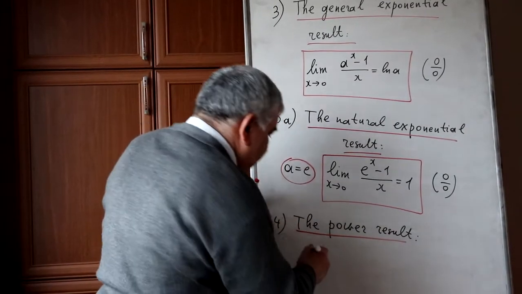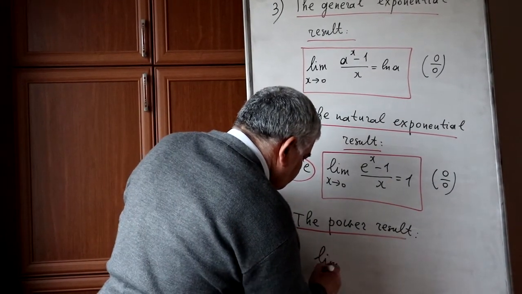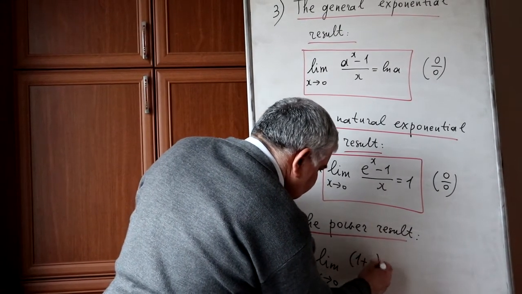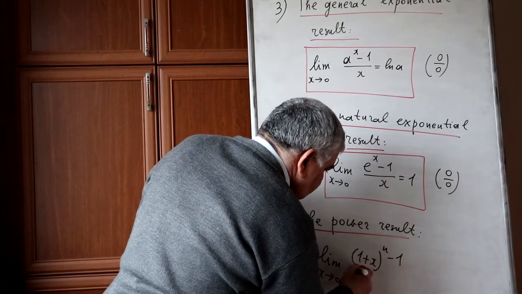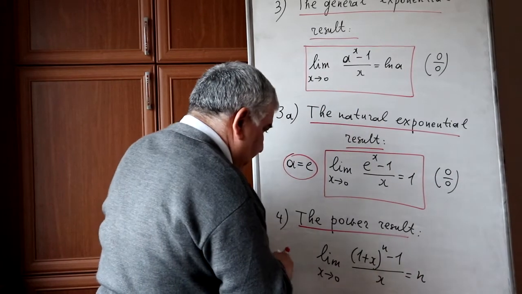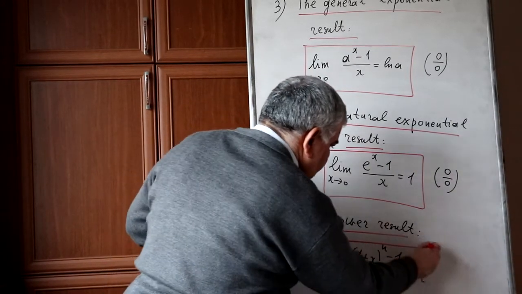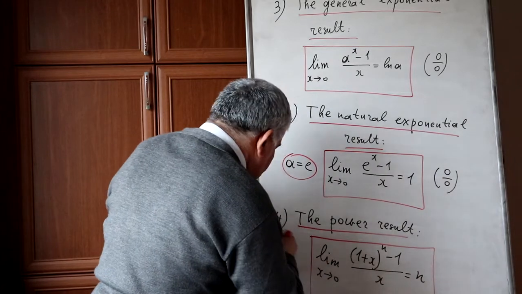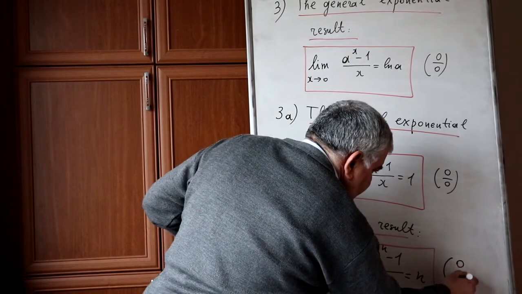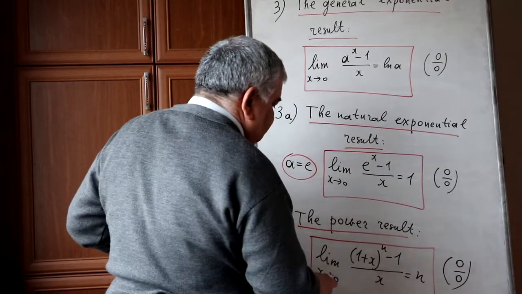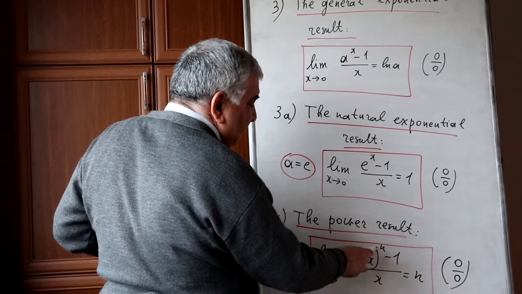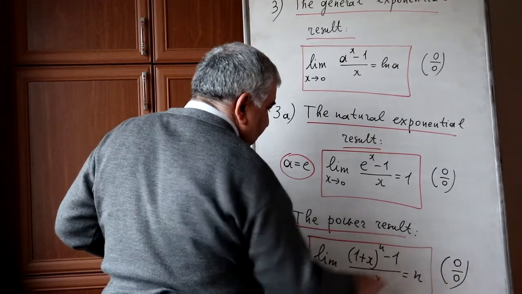Limit when x tends to 0 of 1 plus x to n minus 1 over x is n. Here also we have the indeterminate form of type 0 over 0. Because if we substitute 0 instead of x, we have 1 plus 0 is 1, 1 to n is 1, 1 minus 1 is 0, 0 over 0.